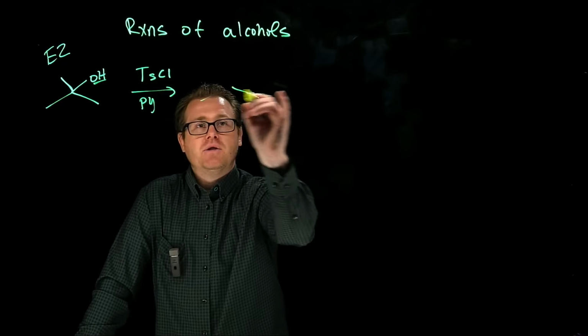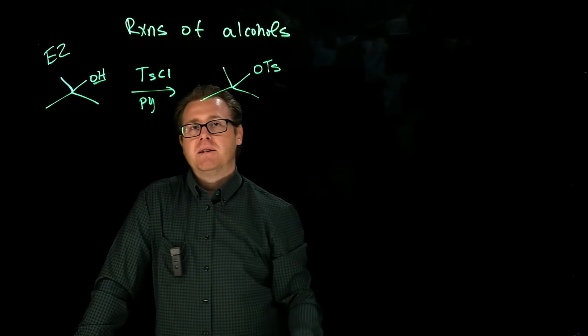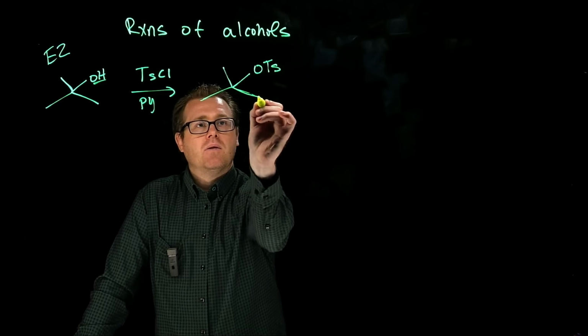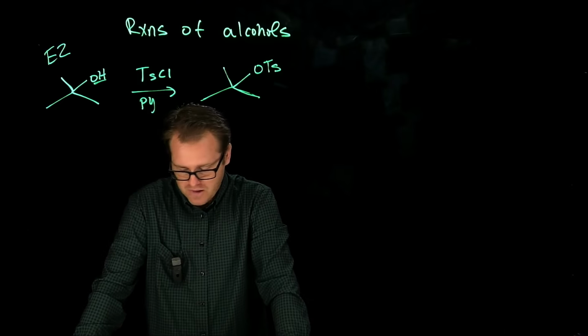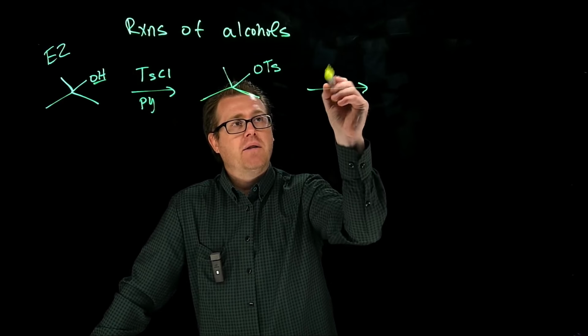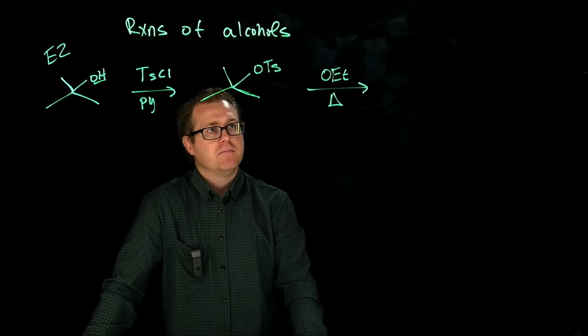And so that's going to generate that species right there. Give us our tosyl group there. And then what you can do is you can treat it with a strong base, ethoxide, and add some heat.